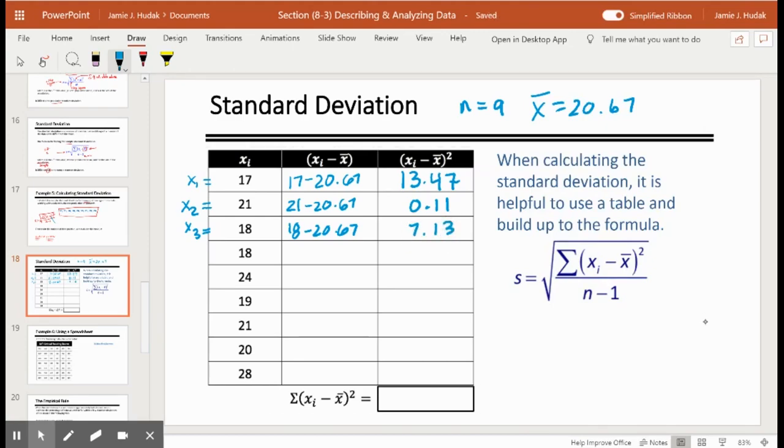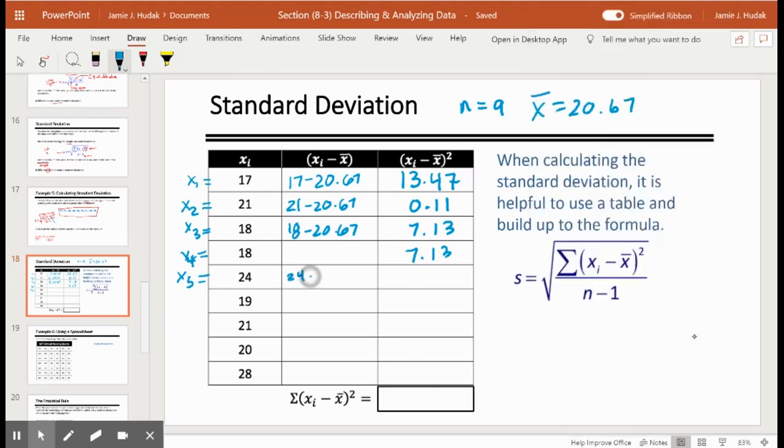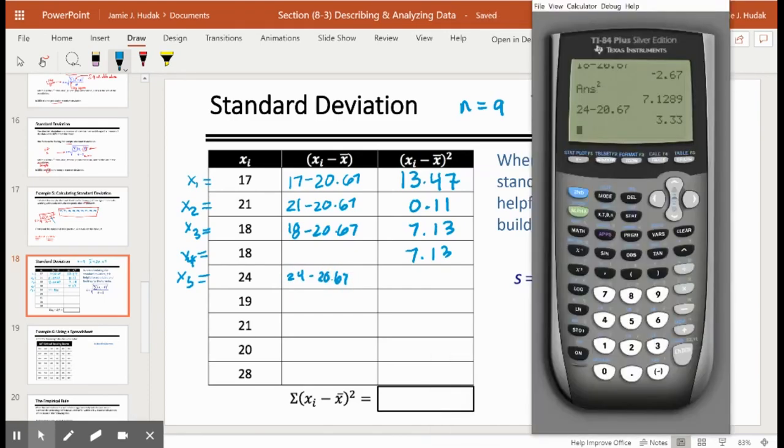So this will be the same. 18 is x4 and x3. x5 is 24. 24 minus 20.67, and we get 3.33, and when we square it, 11.09.